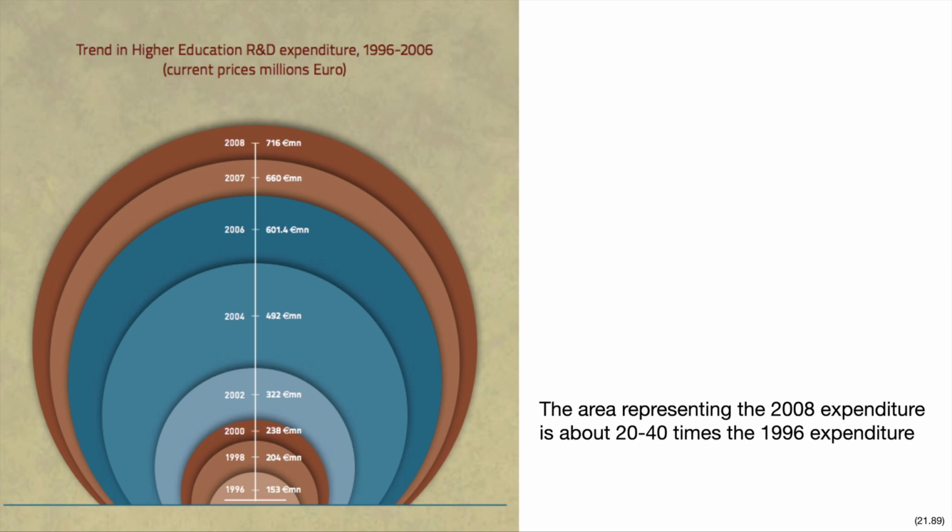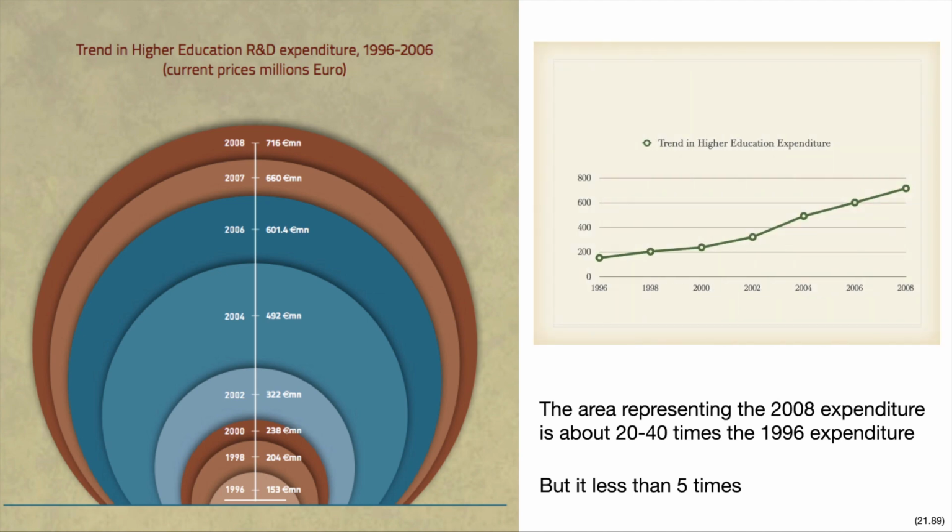So it's a massive difference, when in reality it's less than 5 times. But looking at this, you would not think that the 2008 expenditure was slightly less than 5 times the 1996 expenditure, because visually in the graphic it looks somewhere between 20 and 40 times bigger. So that's very, very deceptive. So this chart here would be a more honest representation of that.